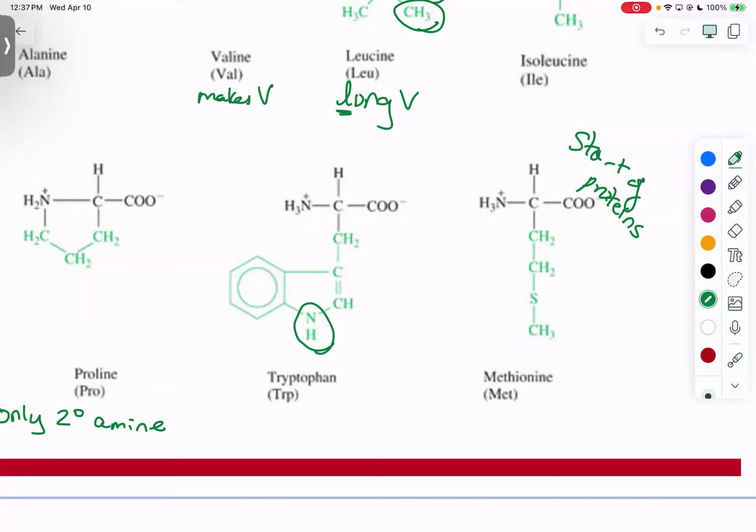You don't have to know the codons. You do not have to memorize that. But just knowing that it's usually on the N terminus, that's a good thing. And methionine is kind of cool because it has this sulfur, but this is a very unreactive sulfur. So it doesn't do too much.